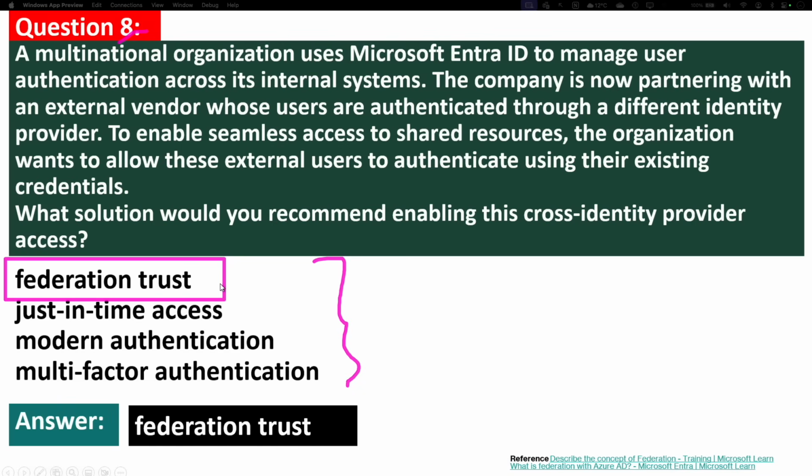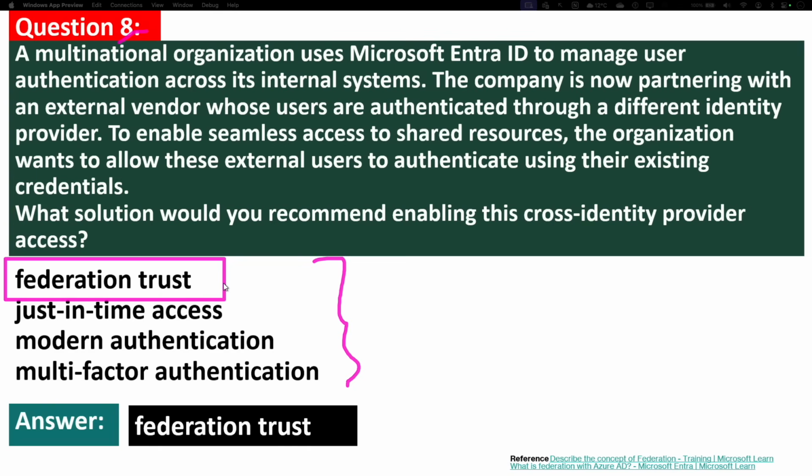So let's understand what is Federation Trust in Microsoft Entra ID. Federation Trust in Microsoft Entra ID is a way to establish a secure relationship between two identity systems, typically between your organization's Entra ID and other identity provider. In simple terms, it allows users from one system to access resources in another system without needing to create a separate account or sign in again.